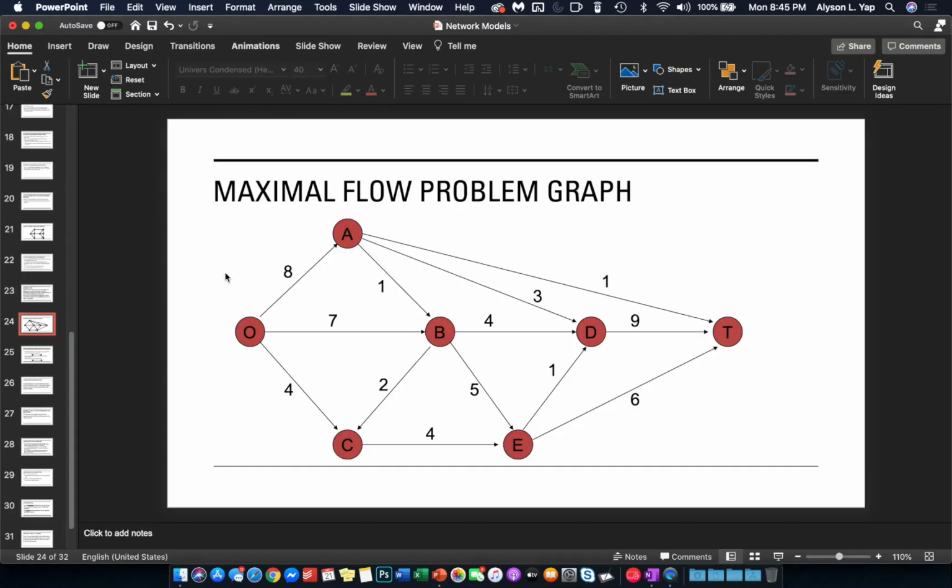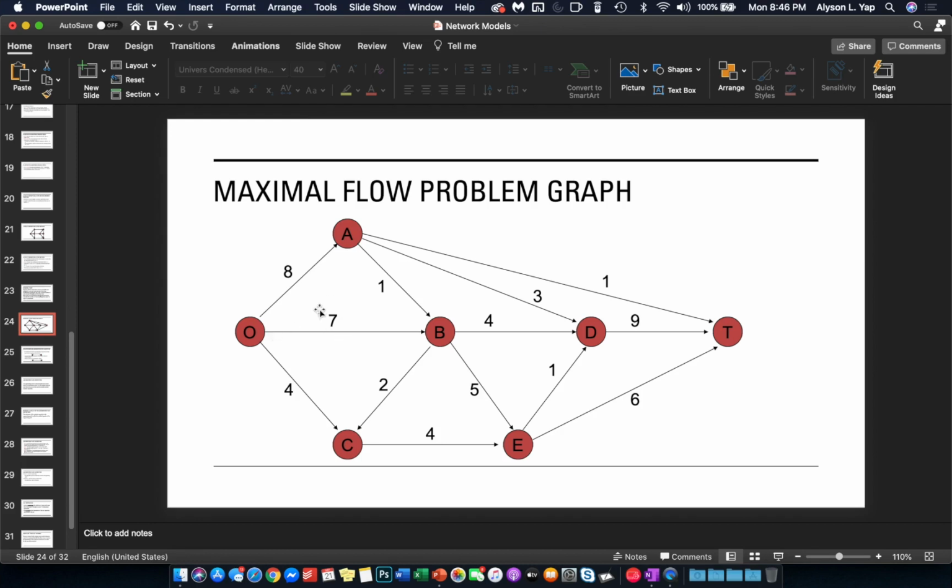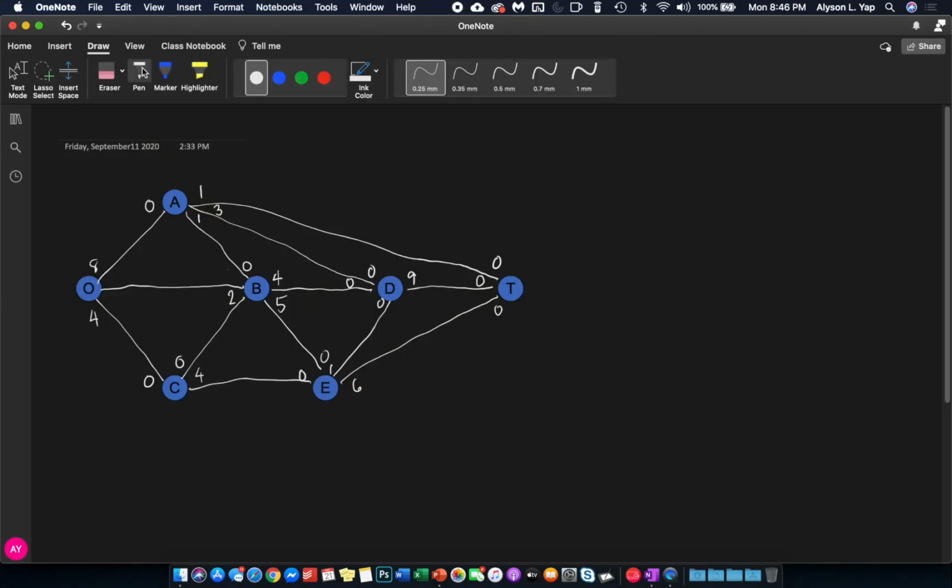So for example, because the arc OA is a movement from O to A, I place the arc capacity 8 beside O and the arc capacity 0 beside A. In the same way, if you look at OB, the arc capacity is 7. Therefore, if we are to convert it to the residual network, this should show a 7 and this should show a 0.